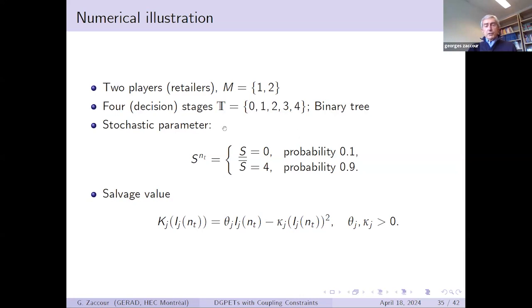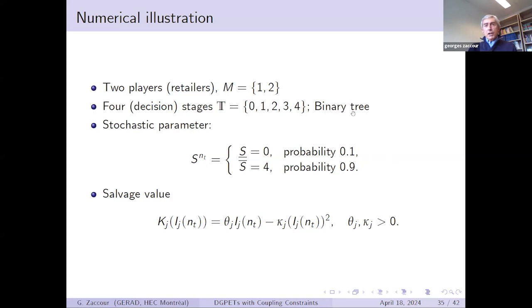And suppose that the stochastic parameter, which is the total available supply at the manufacturer depot at NT, can take two values at any node. It can be either equal to 0 with low probability, or it can be at its upper value, 4, with probability 0.9.